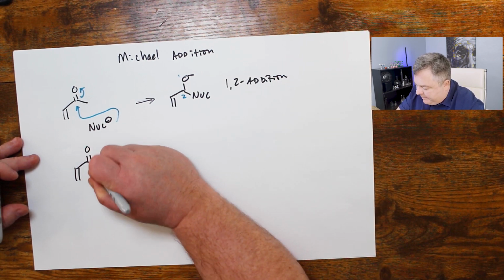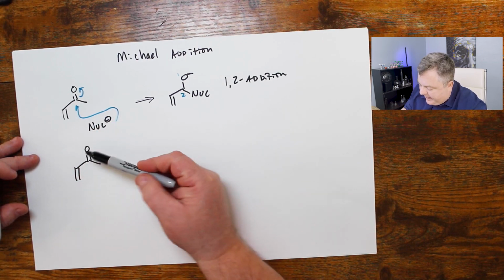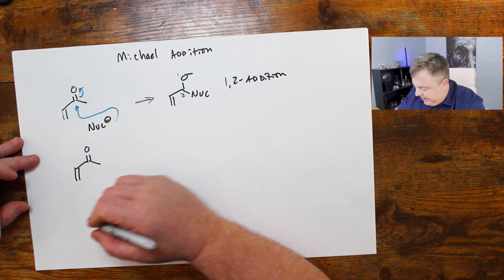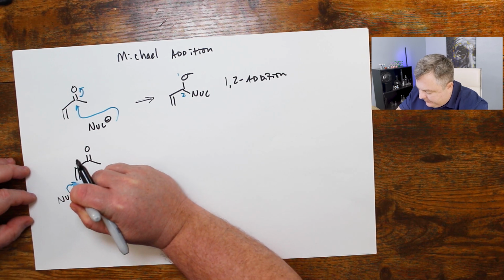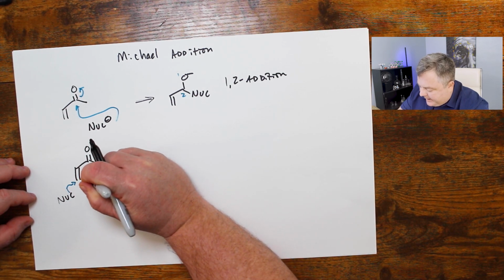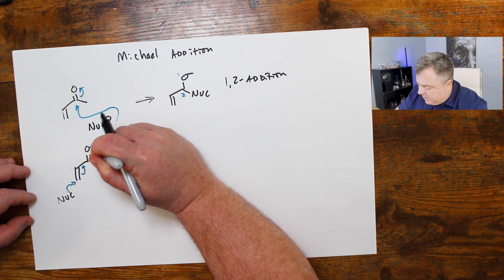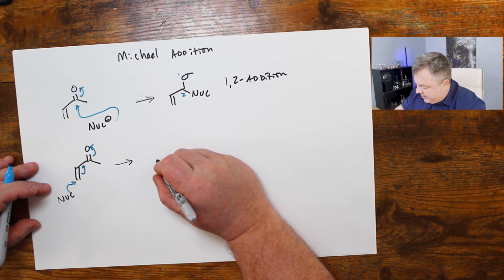But when I have a carbonyl that is conjugated, that means it's double, single, double, sometimes the nucleophile can attack this carbon. The reason it can is because those electrons can push up to here, and all the way up to the oxygen, even though I attack this bottom carbon.